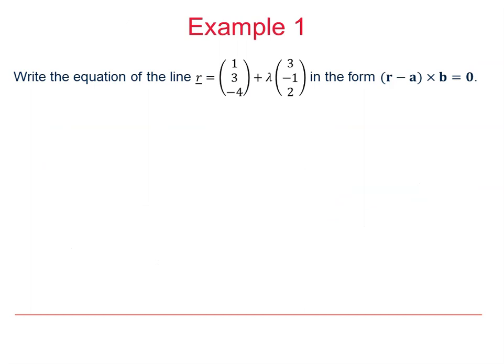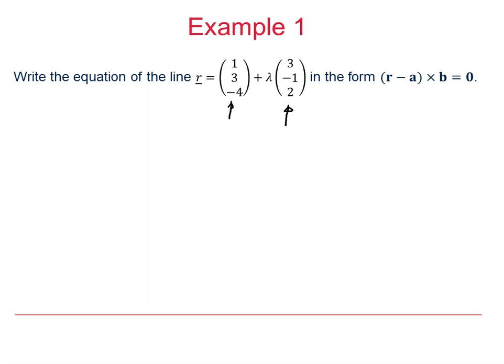So this is the first one, where we've got the direction vector here and a point on the line. So we can see that the direction vector is 3, negative 1, 2, and we have a point 1, 3, negative 4.